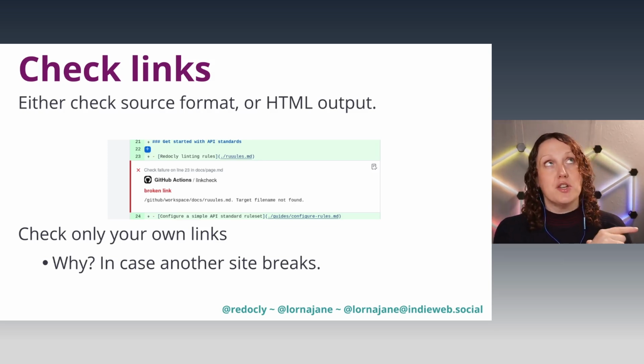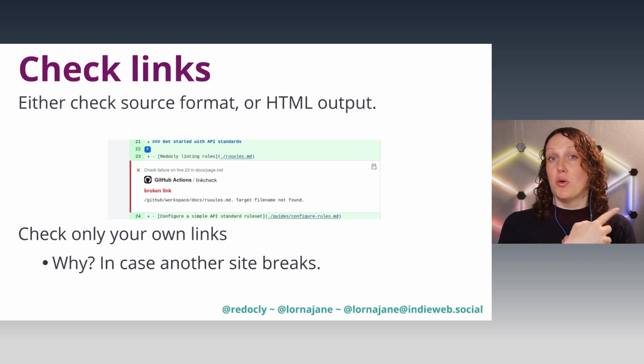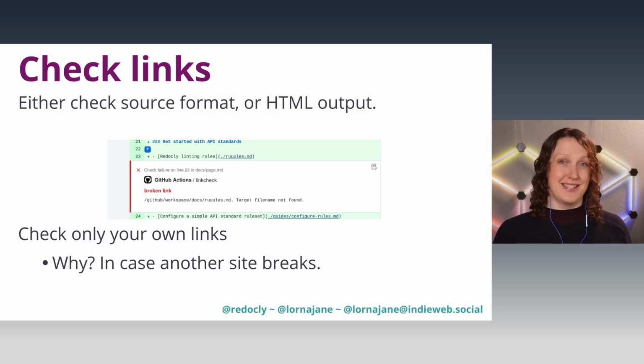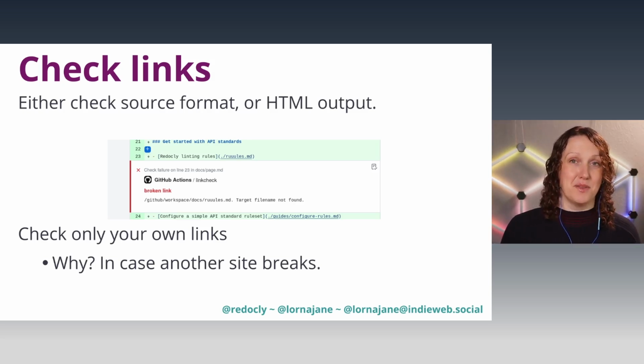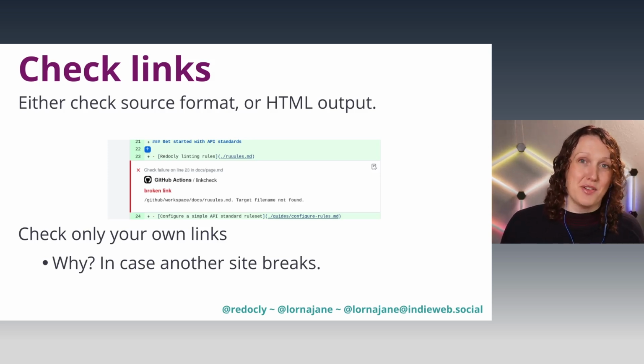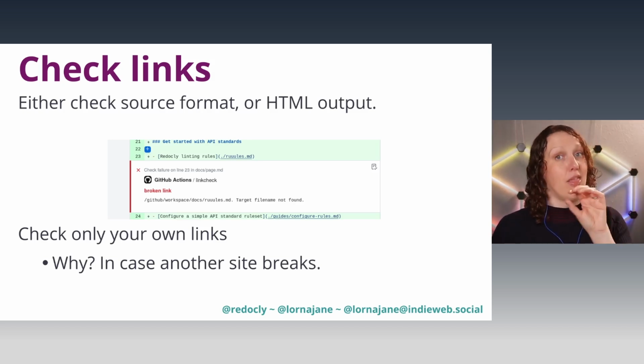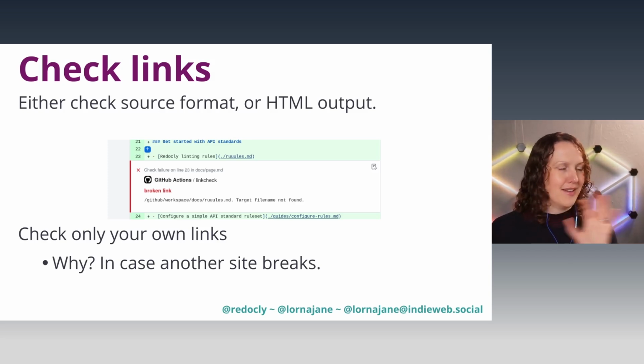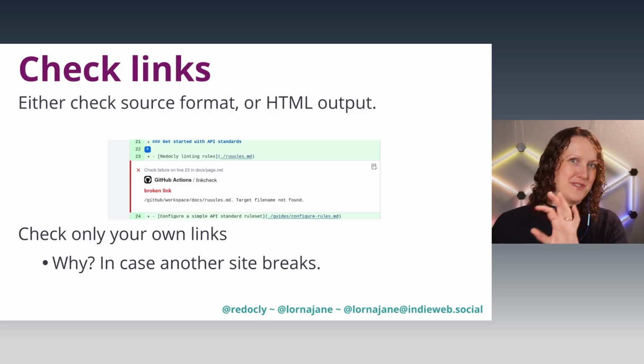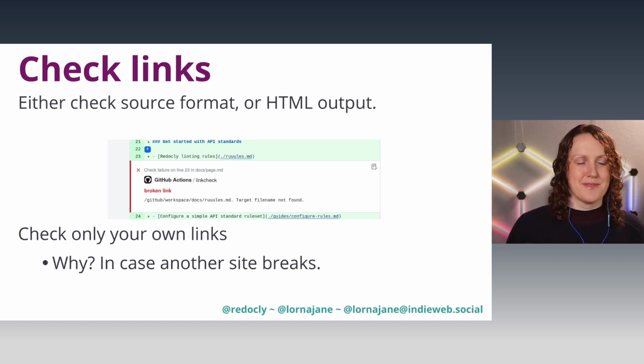I do have another automation that periodically checks all of the links, but it can be pretty slow to check all of the external links on a big docs platform, and a lot of the time it will be outside of your control. So my recommendation is this should be limited to internal links, and the other advantage is this is super fast because it just needs to check on the local setup. Doesn't need to go out lots of slow web calls.